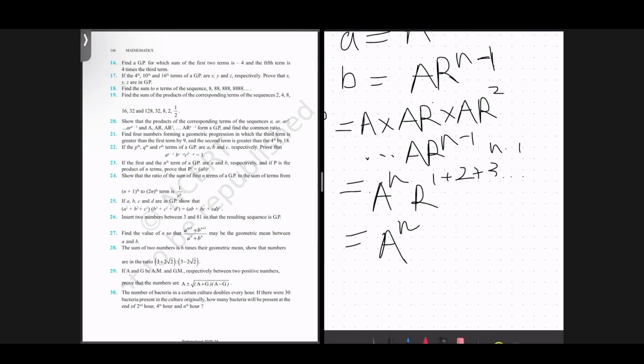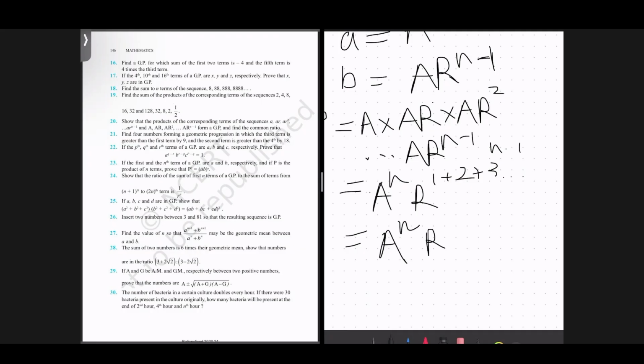When you add up an AP with first term 1, number of terms n minus 1, and common difference d, you are going to substitute the values into the summation of an AP, and that is nothing but n upon 2 into the bracket 2a plus n minus 1 into d, and that is what I'm going to do here.